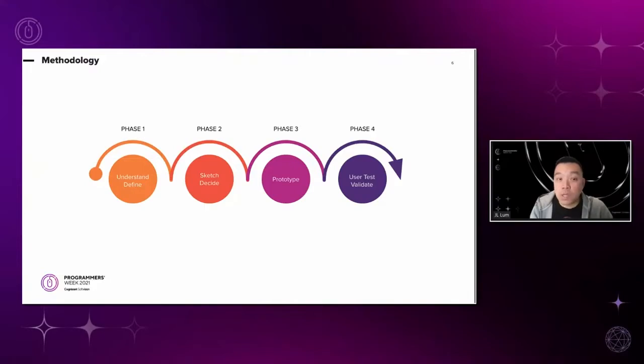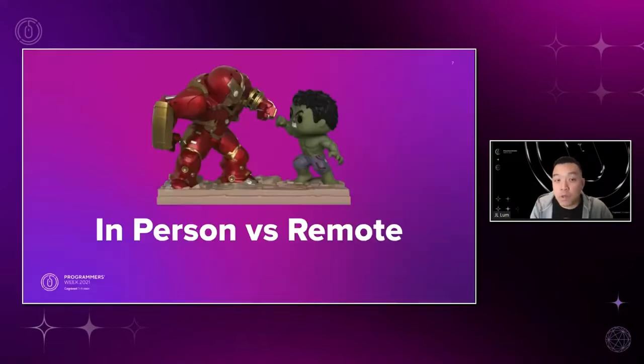But one thing that we want to address as well is there's a new climate that we find ourselves in, and design sprints have been broken up into in-person versus remote. The design sprint has definitely evolved several times since its inception. Originally, a design sprint was a 5-day intensive workshop in person.